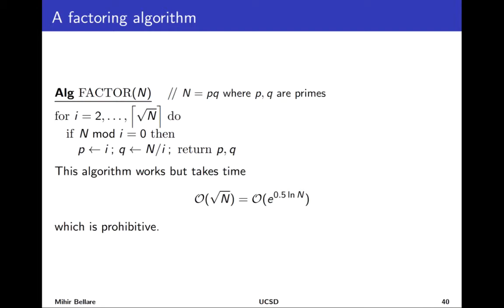And how long does this algorithm take? Well, about the square root of n elementary operations, which if you write it in exponential form looks like this. This e, not to be confused with the RSA encryption exponent, is the base of natural logs, 2.7. And so it's e to the 1/2 of the natural log of n.